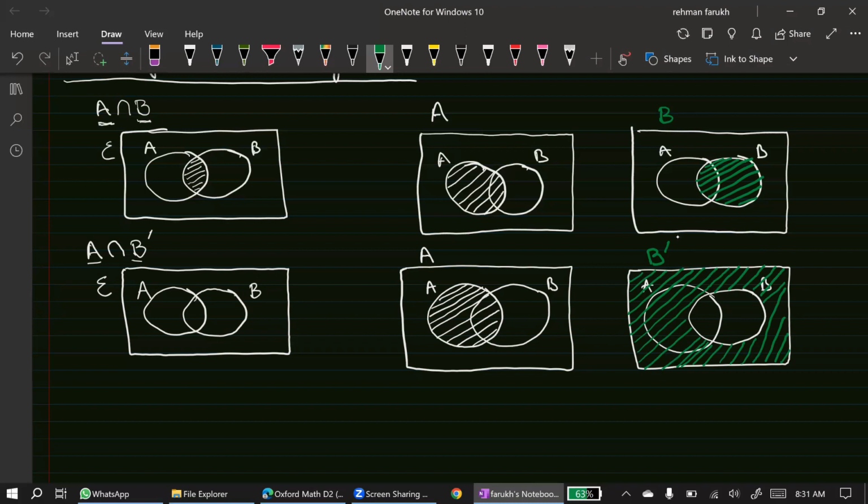The part of A except for the intersection. Yes. This one is the portion A intersection B dash, which is in A but not in B.